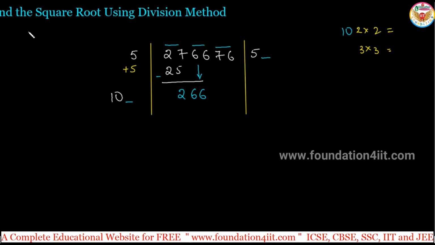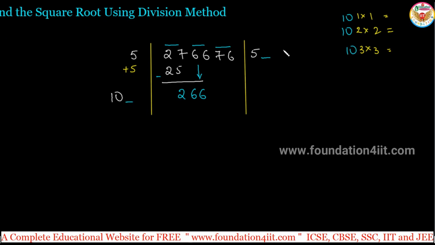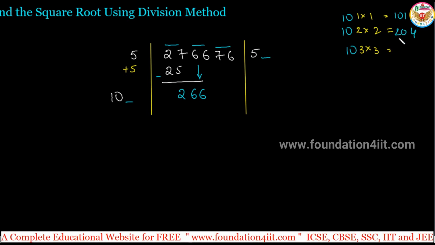Let me take 101 into 1 first. The divisor place and quotient place must be the same number. 101 into 1 is 101. 102 into 2: 2 twos are 4, 2 zeros are 0 and 2 ones are 2. 204 it is.